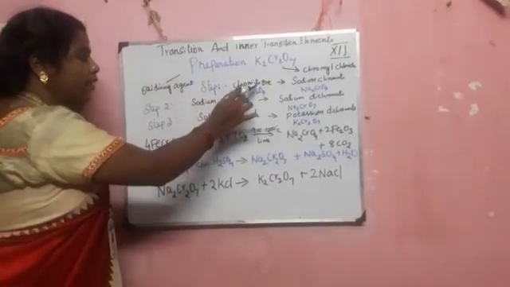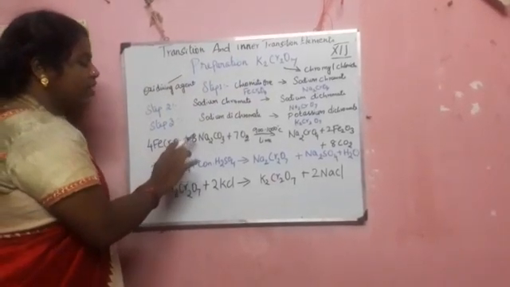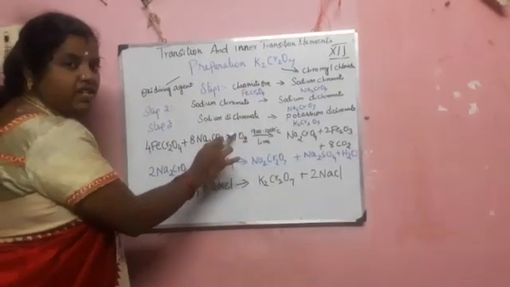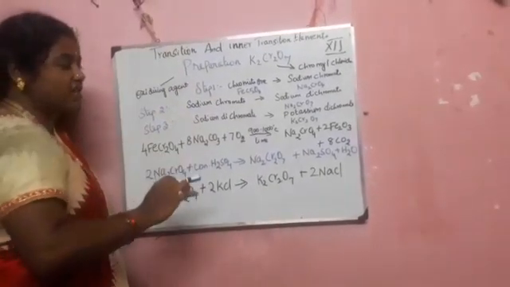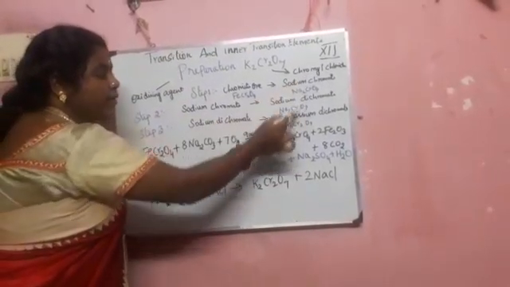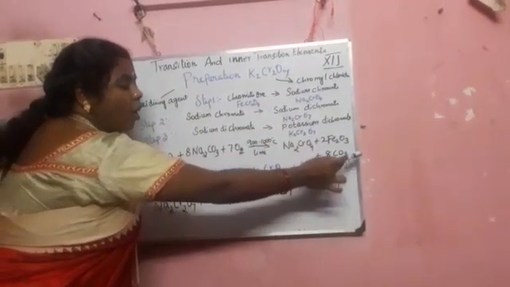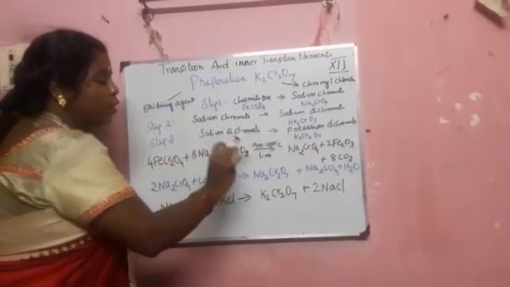We take the chromite ore, FeCr2O4, and react it with sodium carbonate in excess of oxygen. It is heated at 900 to 1000 degrees Celsius, and we get sodium chromate. Fe2O3 and carbon dioxide are also evolved.